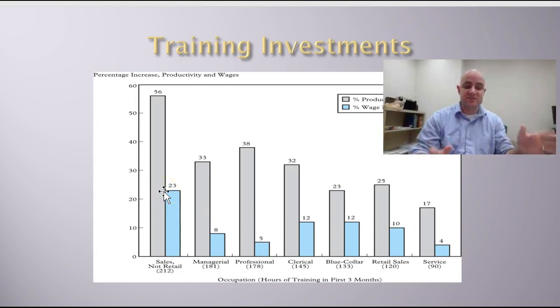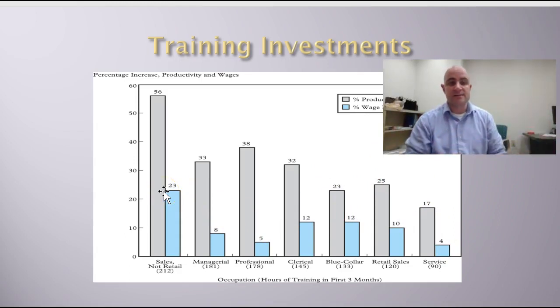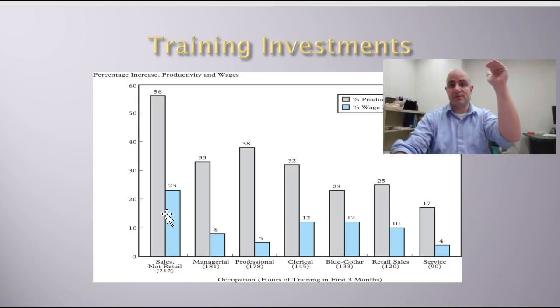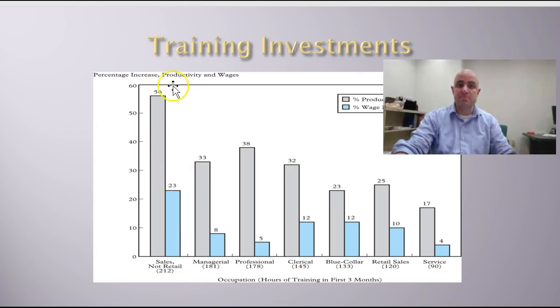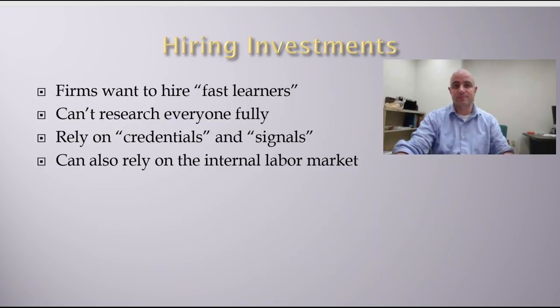And this is showing the employees sharing in the costs. If the employers are increasing wages less than the increase in productivity, then this difference is the benefit that the employer is getting. So that's them putting some of the costs onto the employee.